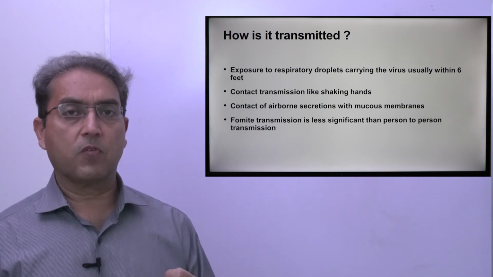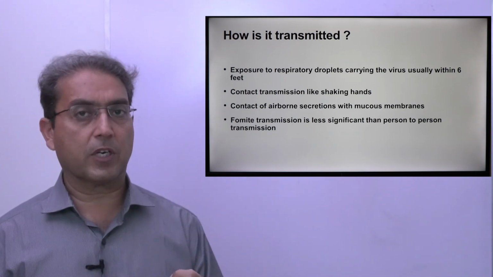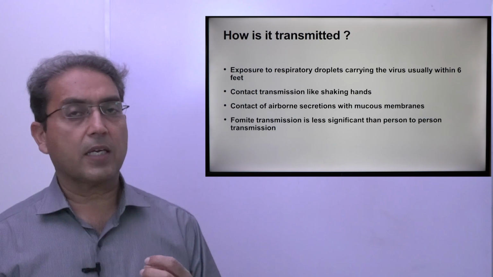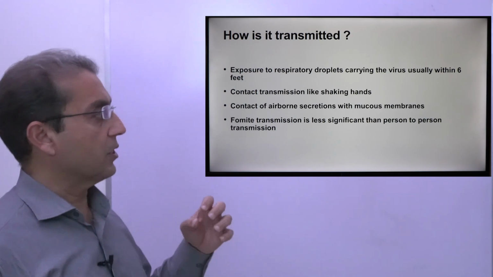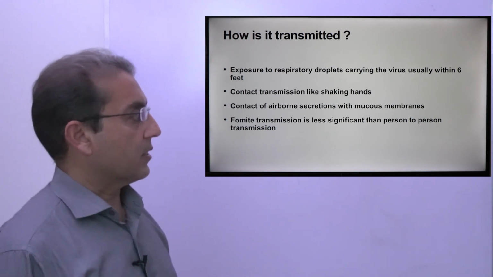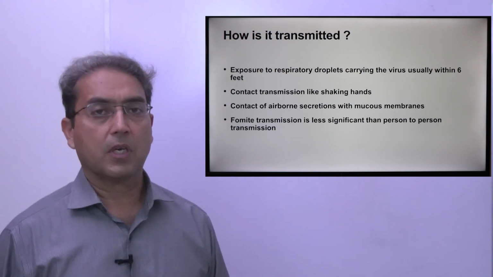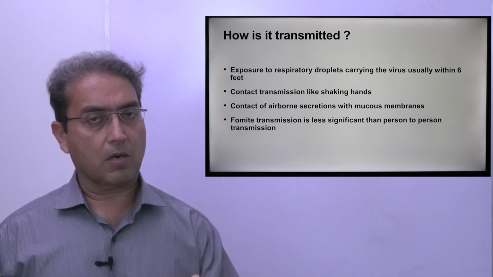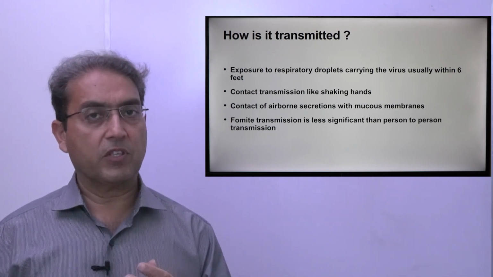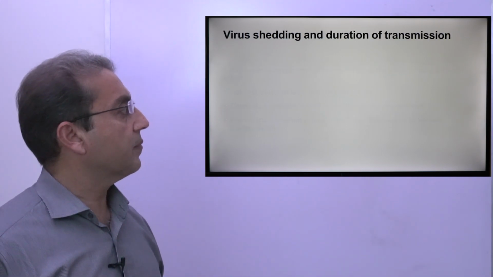From these, the virus can theoretically be transmitted, but it has been seen that this mode of transmission is quite inefficient. So the main route of transmission is respiratory droplets, and then contact transmission. And an uncommon cause is the contact of the droplets directly with the mucous membranes.